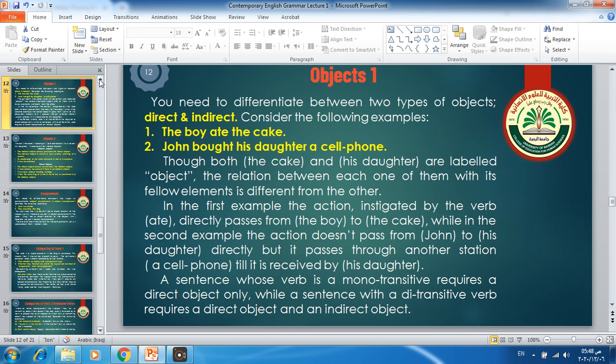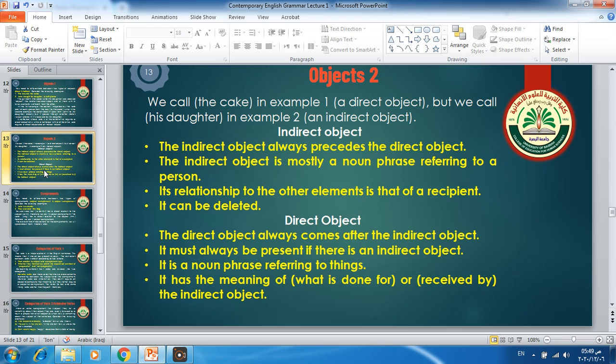A sentence whose verb is monotransitive requires a direct object only, while a sentence with a ditransitive verb requires a direct object and an indirect object. We call the cake in example 1 a direct object, but we call his daughter in example 2 an indirect object. Now let's try to find the differences between the indirect object and the direct object.